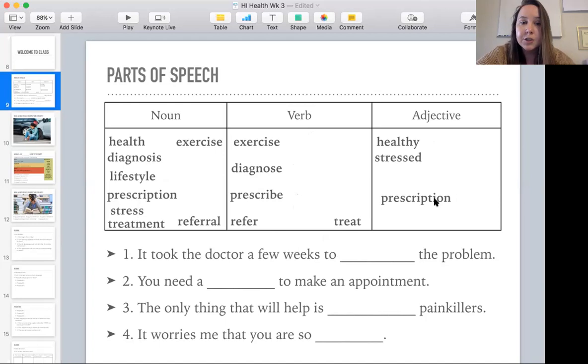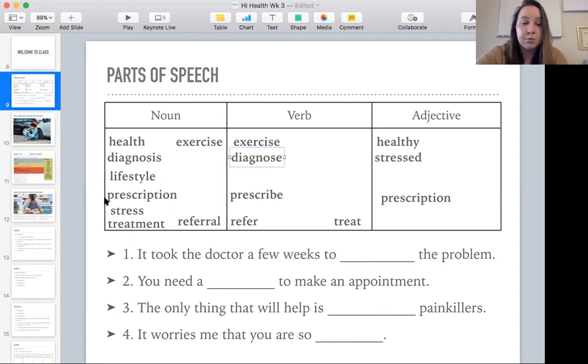Something to pay attention to as you are looking at the noun, verb, adjectives in our vocabulary is looking at related words. So for nouns, we have health, and the adjective form is healthy. So pay attention, make sure you're using the correct form of the word. The noun is diagnosis, the verb is diagnose.